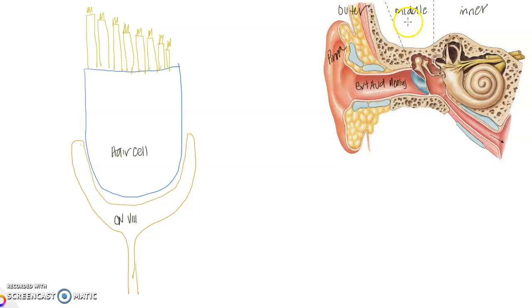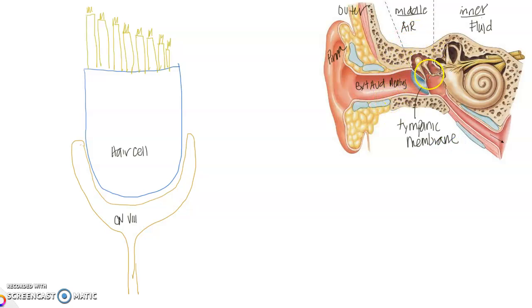Okay, the middle ear is filled with air. The inner ear is filled with fluid. So this is the tympanic membrane, or the eardrum, however you want to think of it.